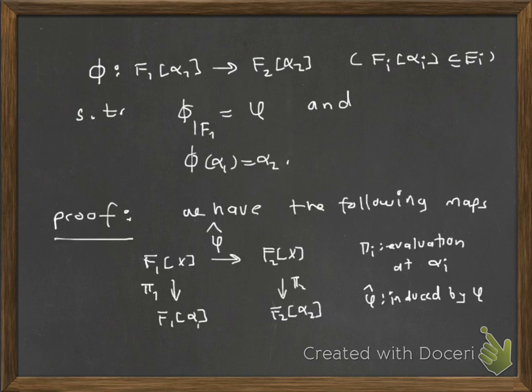The proof is easy. I'll just indicate a sketch for the proof. We have this diagram immediately available in the first place, where phi hat is the usual thing, the isomorphism induced by phi, and pi i are the evaluation maps.